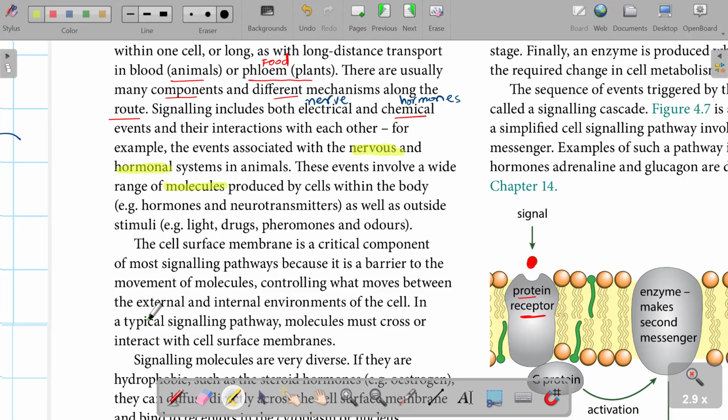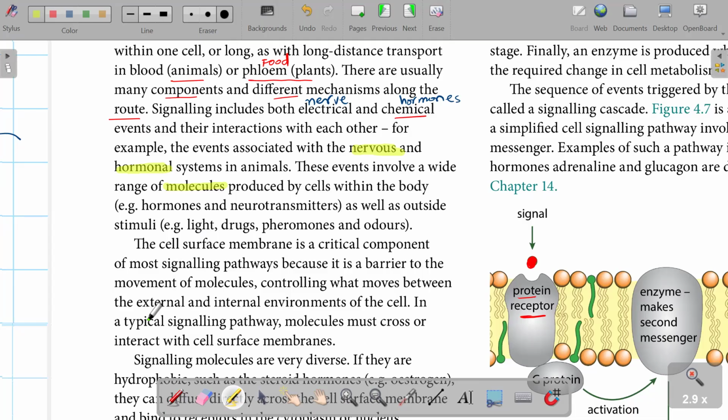Different events in the body occur by two major types of responses, nervous and hormonal, and a range of molecules is associated with your cells to carry them out.